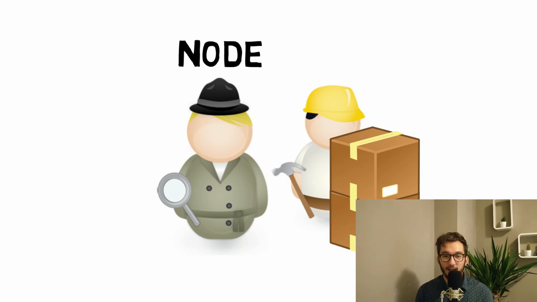He is checking if the workers are doing it correctly, and they have some paper somewhere. They're writing down all of these articles, who they belong to, and so on. So warehouse manager equals a node in blockchain, Bitcoin. So warehouse manager is a node.